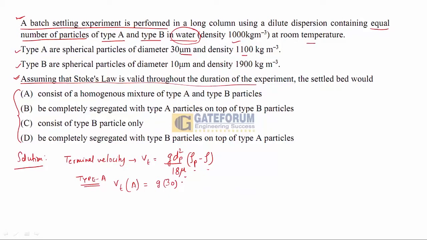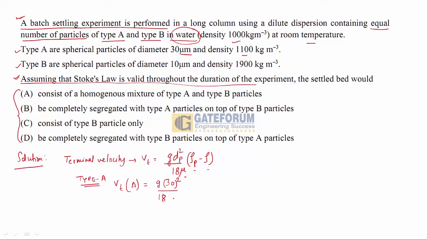Let us not change the unit of dp to meter, let us keep it as 30 only, and for type B also we'll keep it in micrometer so that we can compare it. If you change 30 micrometer to meter here, then when calculating for type B you also have to change micrometer to meter, but I'll keep it as micrometer in both cases. Okay, so 30 square upon 18.